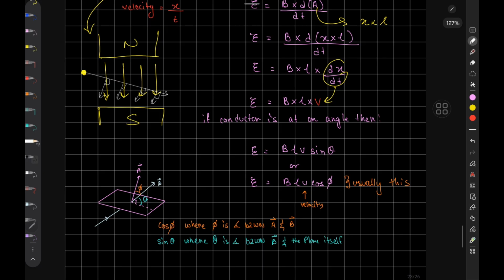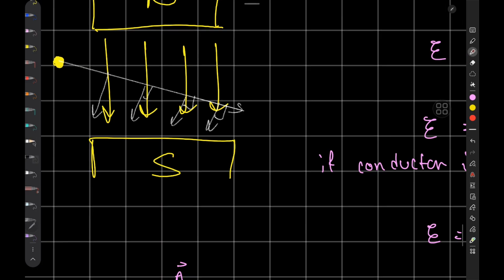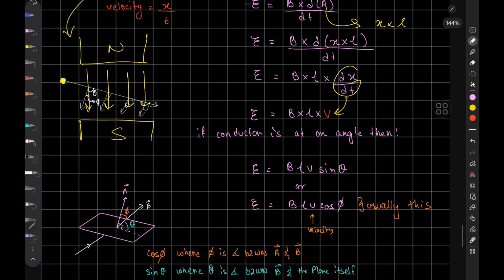So why is it cos phi, or why is it not sine theta, and why can it change between these two? It is basically what you consider theta. Over here, let me show you something. That is, this is, let's say, phi, and this is theta. So if you're taking phi, that is this angle between the magnetic field and the normal to the motion. So by the way, this is the direction of motion, and what is the normal to the direction of motion?